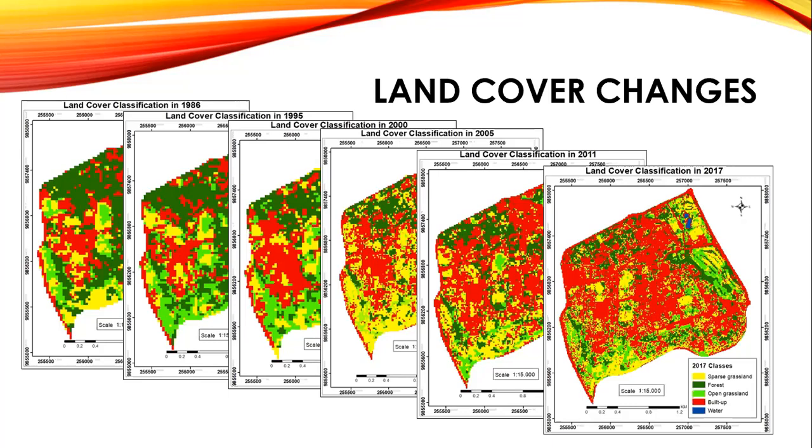So forest cover has reduced from 1986 to 2017 by over 30%. Those are the changes and the dynamics that have occurred spatially. That is why when we talk about spatial modeling, it's trying to understand what is occurring at different parts of this area of interest.